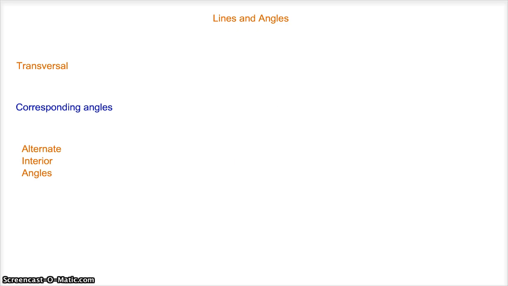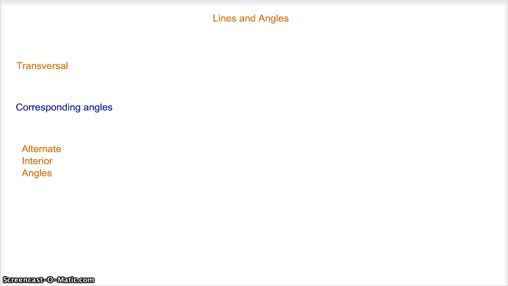Alternate interior angles is the next one. Again, you need to write the definition. Alternate interior angles are non-adjacent. Remember, adjacent meant that they touch. So they're non-adjacent angles that lie on opposite sides of the transversal, and both are in the interior. I'm going to say that again.